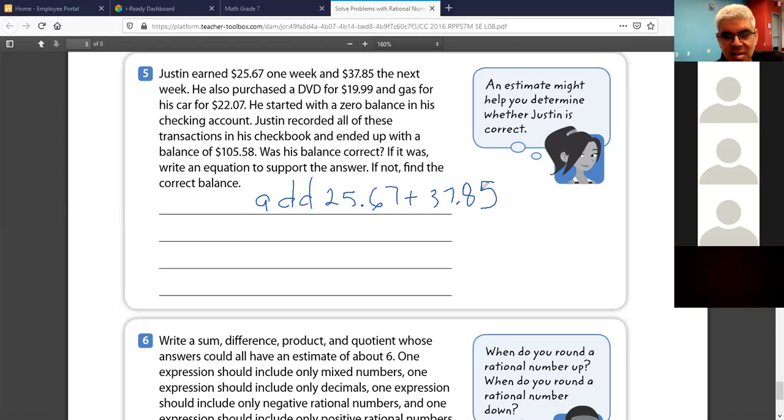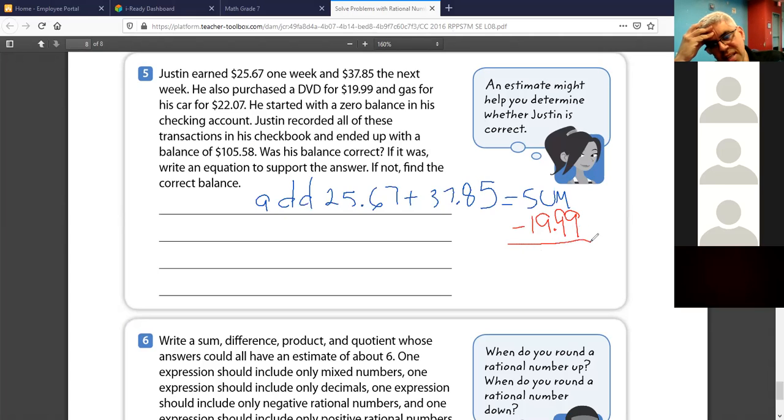After you get that sum, this is going to be equal to a sum, right? Sum means adding two things or more together. That's your sum, 25.67 plus 37.85. To that amount, which is 60 something, if I remember correctly, you're going to take away 19.99 exactly, and you're going to get a subtotal.